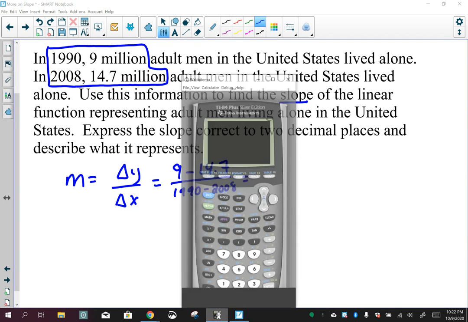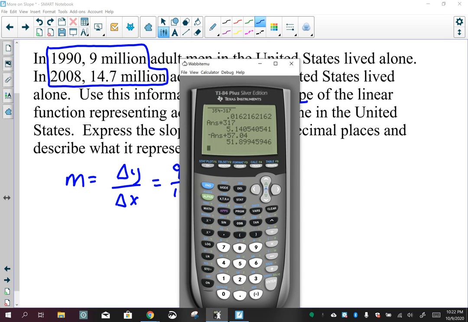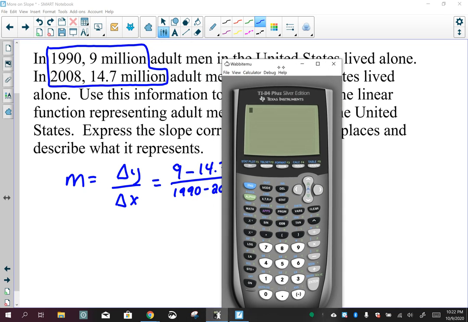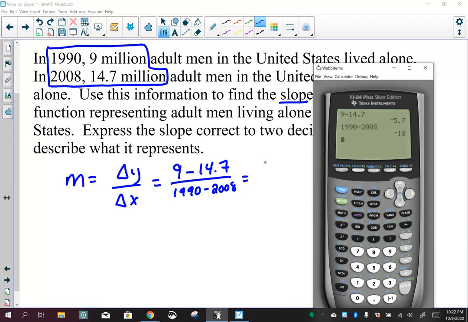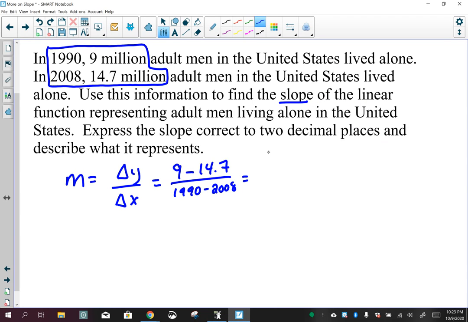So I'm going to come over here to my handy dandy calculator because it's late and I don't feel like mathing tonight. We're just going to type that in, and then 1990 minus 2008. So that winds up with a negative 5.7 over negative 18. So that's going to be a positive 5.7 over 18.